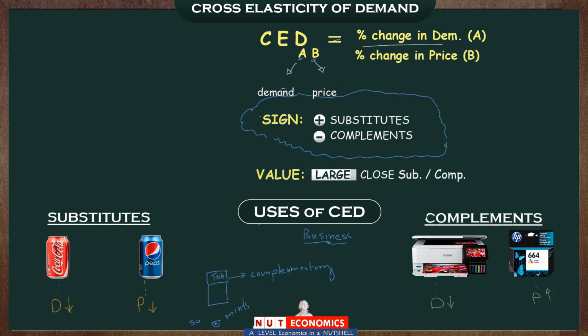In our essay questions we will express the use of the CED by businesses by saying that businesses should identify goods that have a negative CED between them, because that would tell them that these goods are complements, they can be used together, and that would most probably help these businesses to increase their overall sales. Then give this example of a tobacco shop, and you will have enough ammunition to survive this question on the uses of CED by businesses.